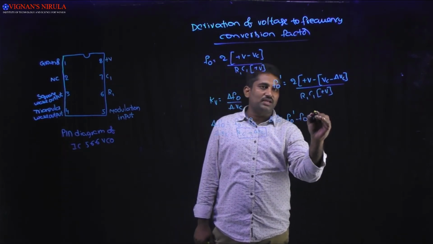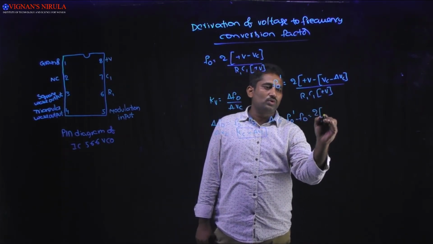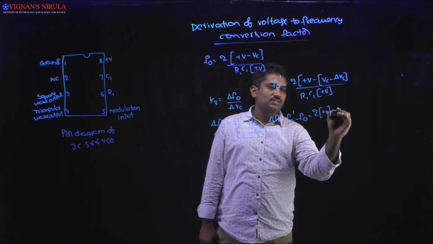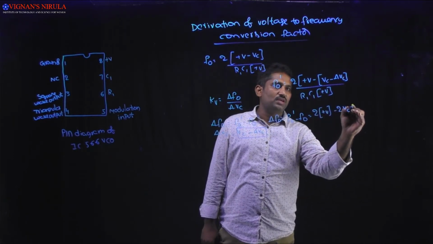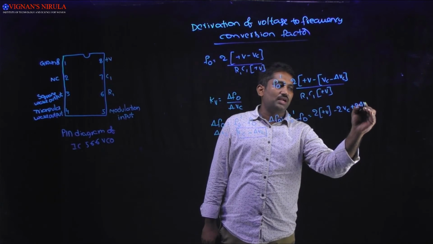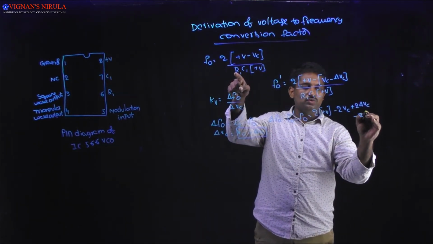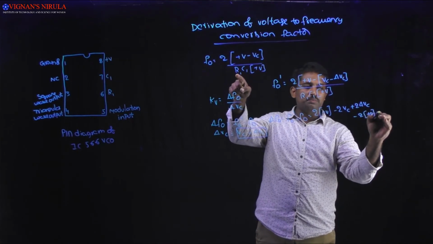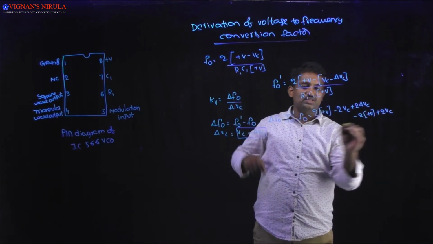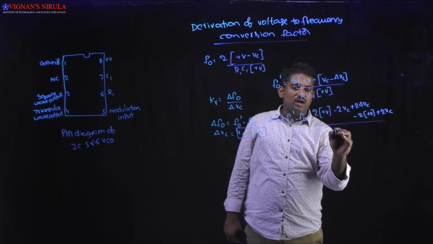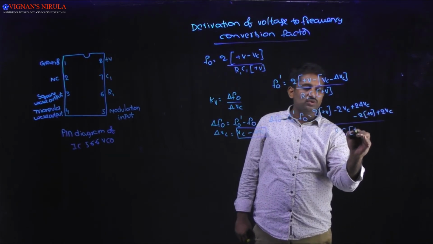That will be taken as 2 into +V minus 2 into Vc plus 2 into delta Vc and minus 2 into +V and then plus 2 into Vc divided by R1 C1 and into V.